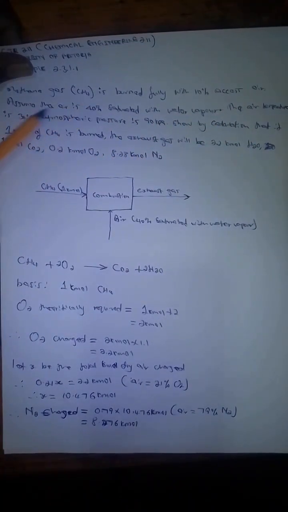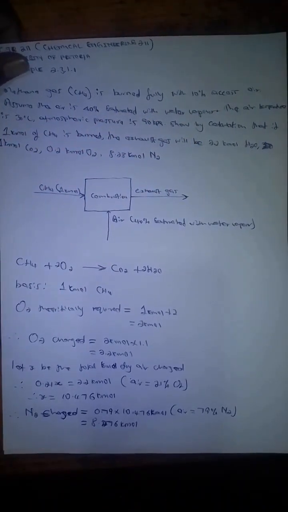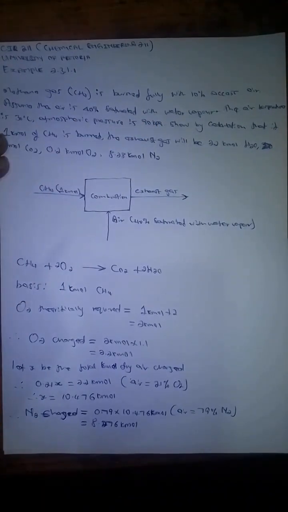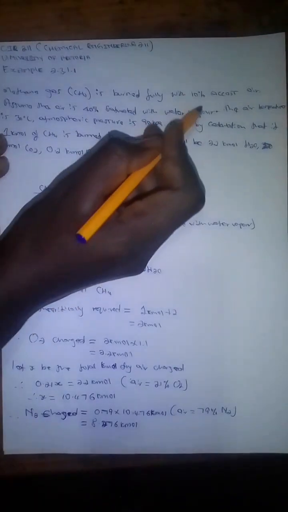That means the water vapor is also at 30 degrees Celsius. Now, the vapor pressure of water vapor is the maximum pressure that the water vapor can handle at a specific temperature.